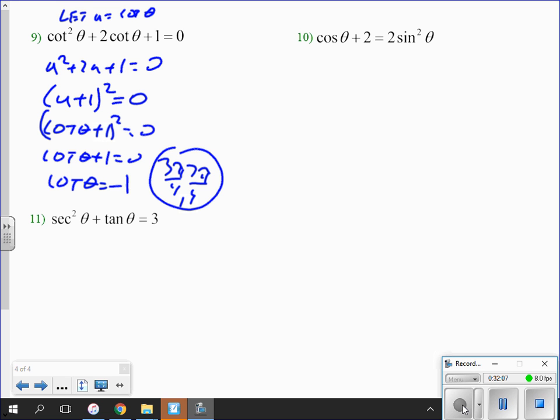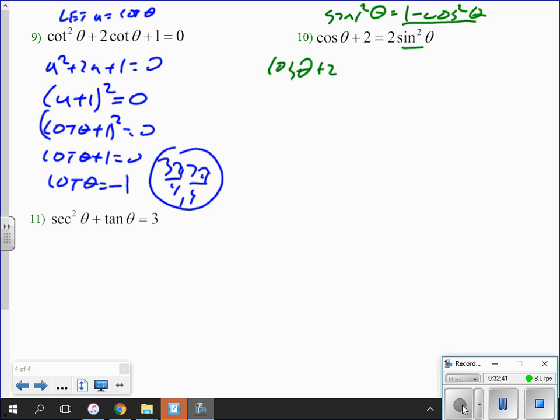Sine squared theta plus cosine squared theta equals 1. So sine squared theta equals 1 minus cosine squared theta. Subtract cosine squared theta from both sides in our original Pythagorean identity. Go back to the original one, and then substitute this in for this.